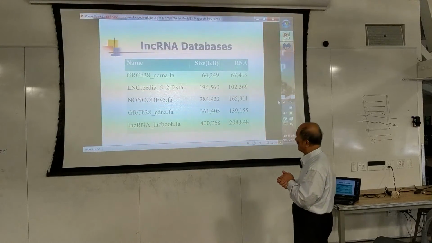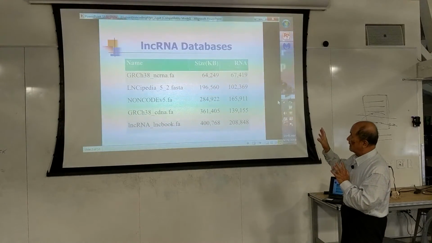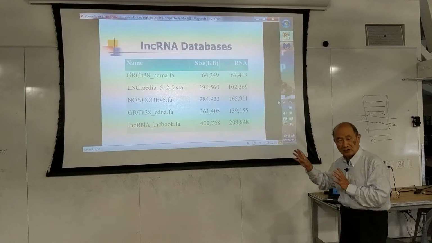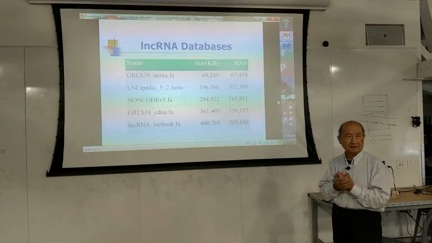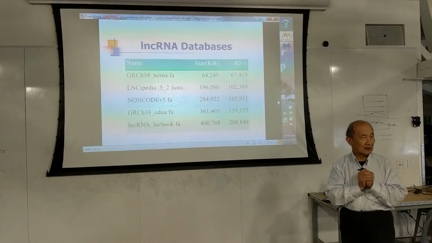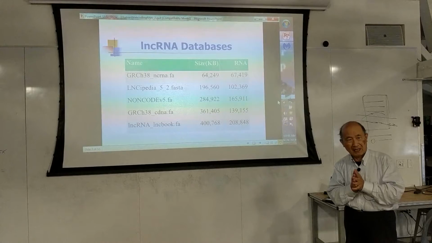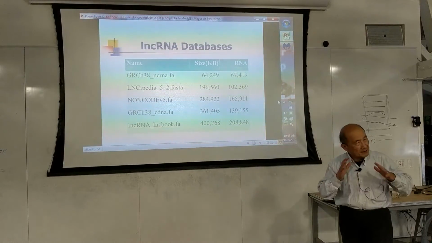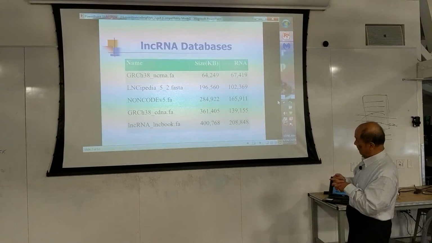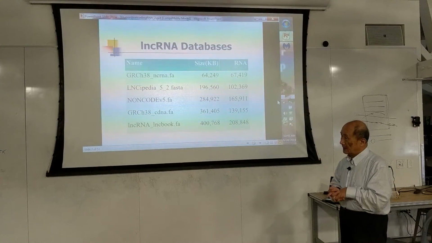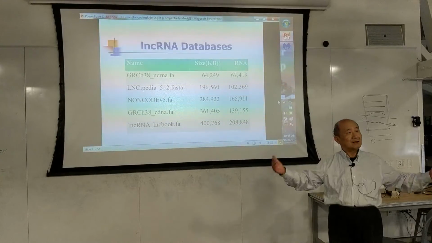So I would concentrate my search on human long non-coding RNA, because it is the biggest collection of long non-coding RNA. And I thought that I need a complete set of long non-coding RNA to do a meaningful analysis.